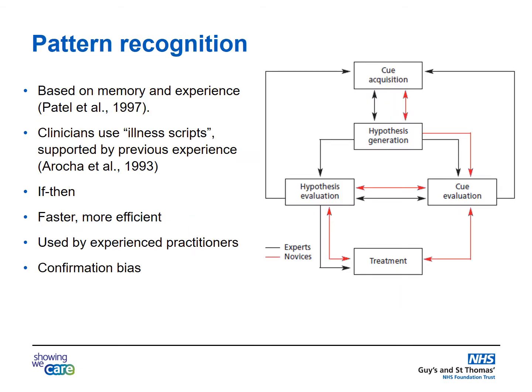Pattern recognition is a model taken from cognitive psychology. It proposes that suitably experienced clinicians can recognise certain features of a patient's presentation almost instantly, allowing them to identify other relevant information. When working within their domain of speciality, clinicians can rely on their organisation and accessibility of stored clinical knowledge. They may use if-then statements.